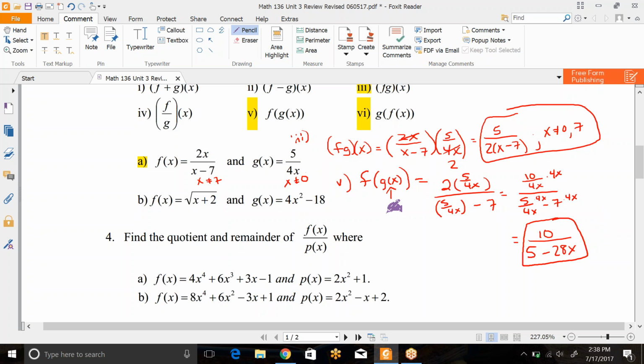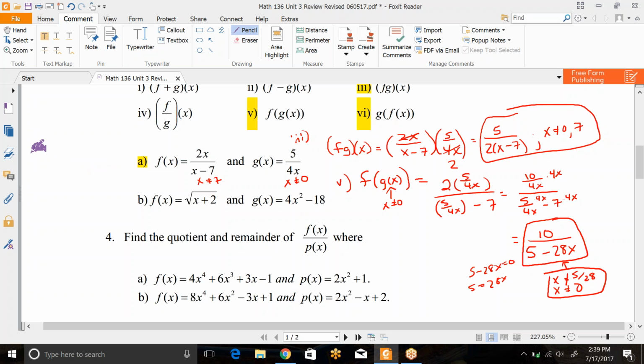What was the restriction for g of x, which was 0, because that's the part you plugged in, and then what's the restriction at the end? So this would be, set that equal to 0, add the 28x over, divide by 28. So x cannot equal 5/28, and x cannot equal the 0 from the part that was the interior function.